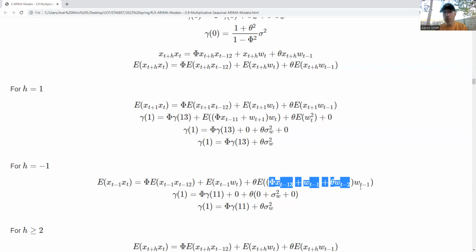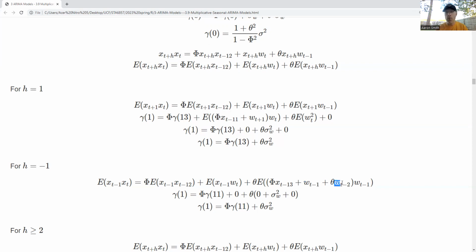Now I skipped a step on this. The next step would be to distribute my white noise term across all of these. Now, once again, we're playing the same game. This white noise, when we think about this, that's in the past. Therefore, when I match it up, the white noise is independent of that constant value. Okay, so that's going to end up giving me a 0. Here, I've got the same subscript, so I know that this is going to be w squared t minus 1.